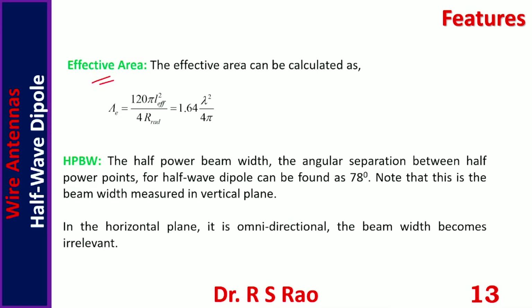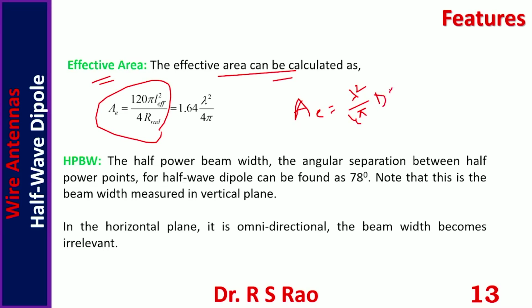Effective area can be calculated using this expression. This is one way of finding it. Another way is also there. Effective area is lambda square by 4 pi into D. Directivity is available, it is 1.64.